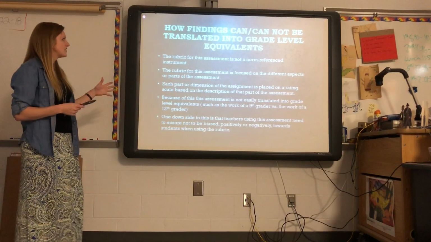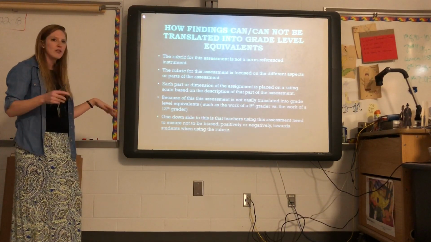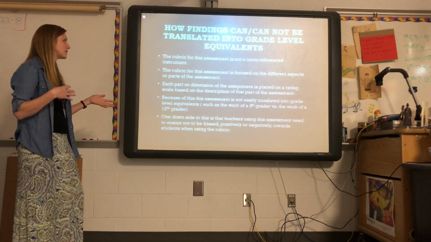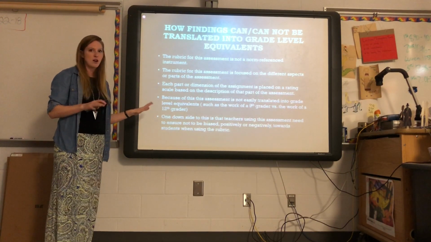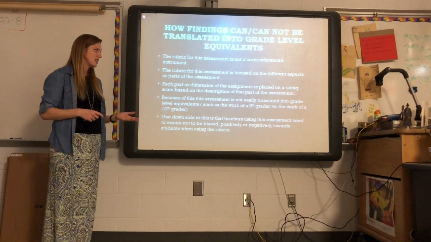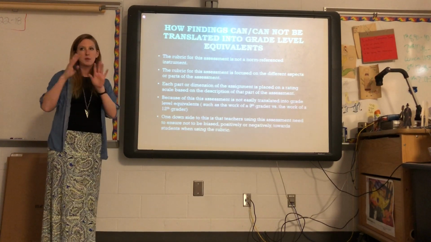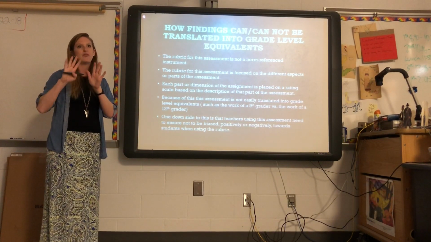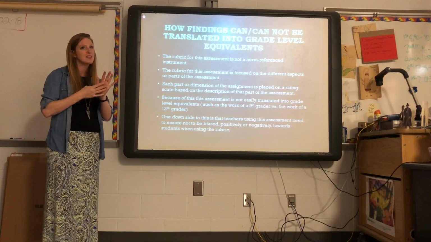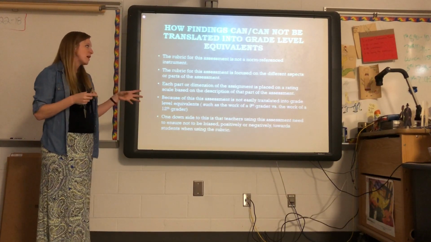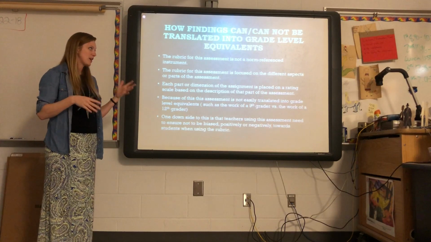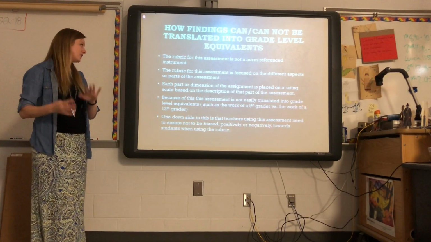Then I also have a slide here that talks about how this is related to grade level equivalence. So the rubric for this assessment is not a norm reference instrument. Instead, it's focused on the different aspects of the assignment and what level each one of those aspects should be at to get an A. So each dimension of the assignment is placed on a rating scale based on the description of that part of the assignment.